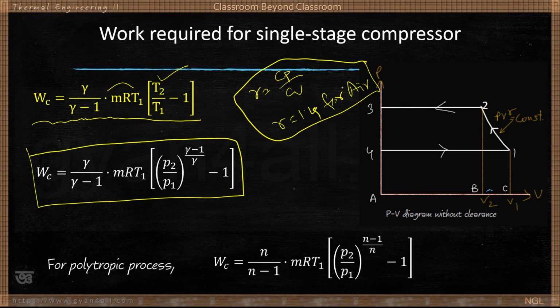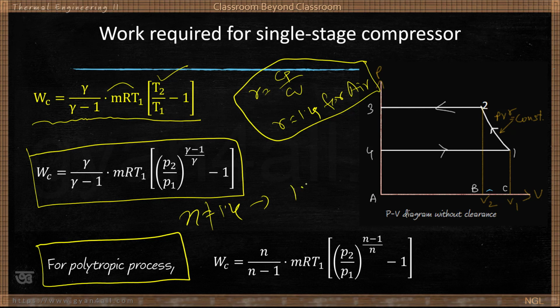Now we discussed that the process may be isothermal or isentropic, but in actual practice the compression processes are neither isentropic nor isothermal. So it will be in between. So value of n may be anything. For a polytropic process, the value of n may not be equal to 1.4.